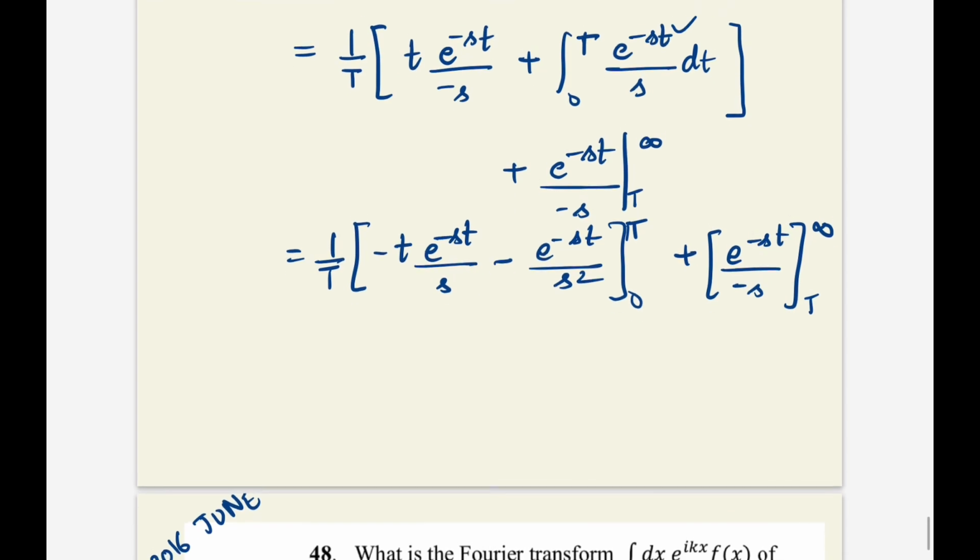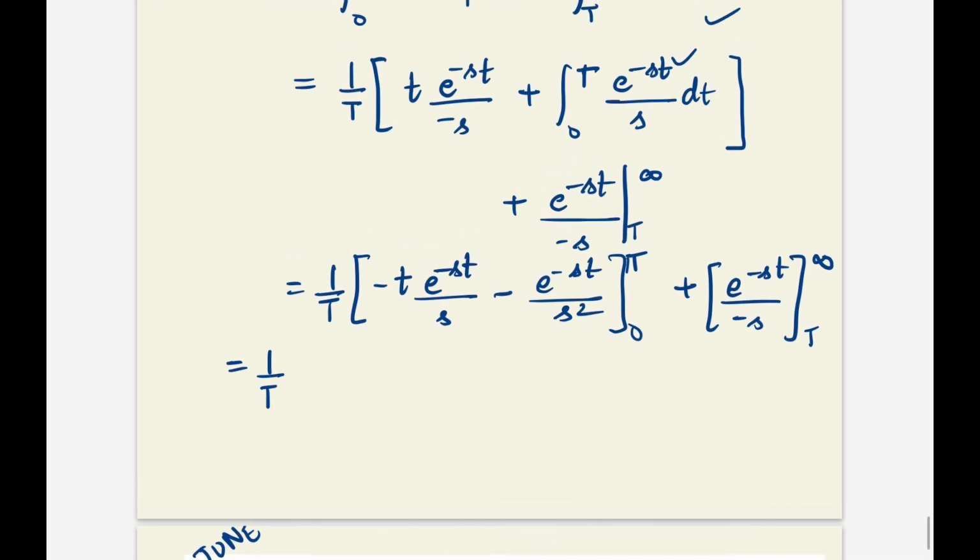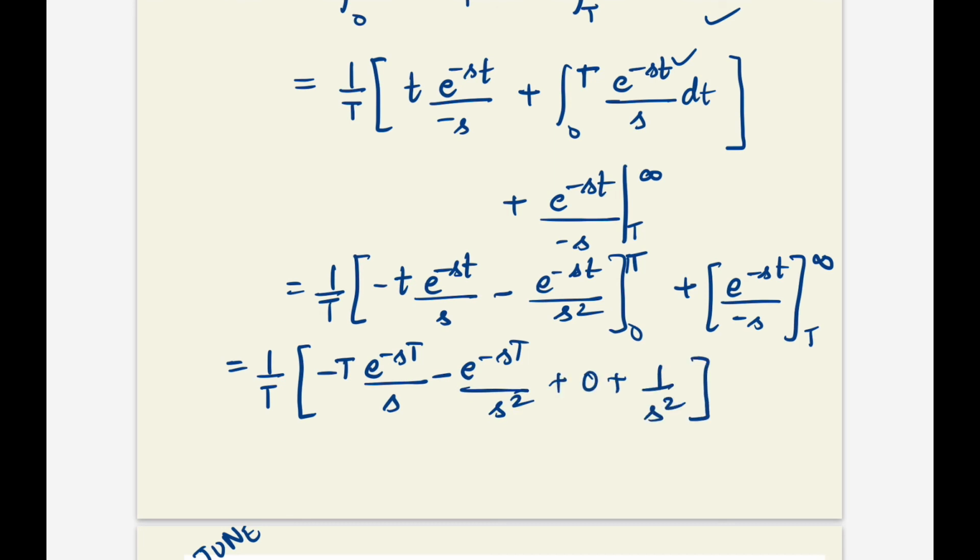Now we will solve the whole integral, which comes out to be 1 over T times minus T e to the power minus sT by s minus e to the power minus sT by s square, plus 0 plus 1 over s square plus e to the power minus sT by s.